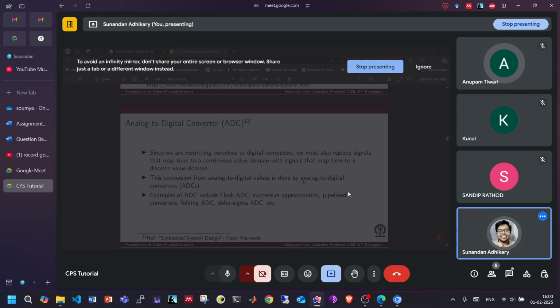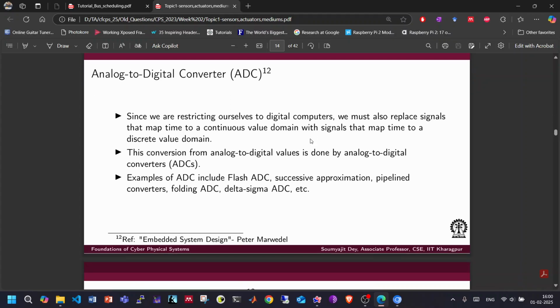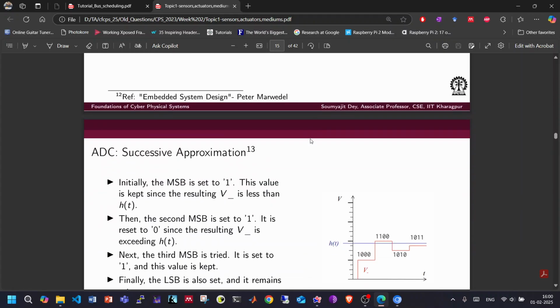So it is very hard for us to measure if we continuously measure something. Even here, when you are making a CPS, we are not continuously measuring the sensor data. We have a certain sampling period, right? So after a while, we sample the data instead of continuously measuring it, because that is not possible.